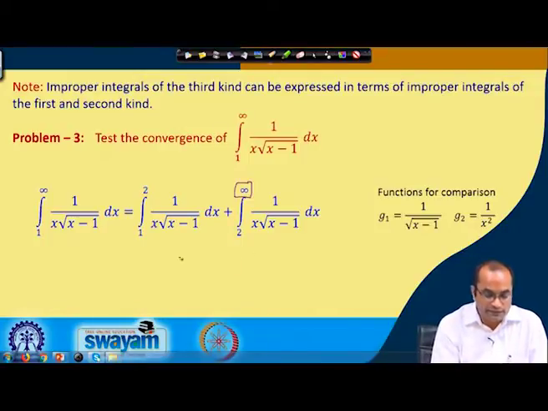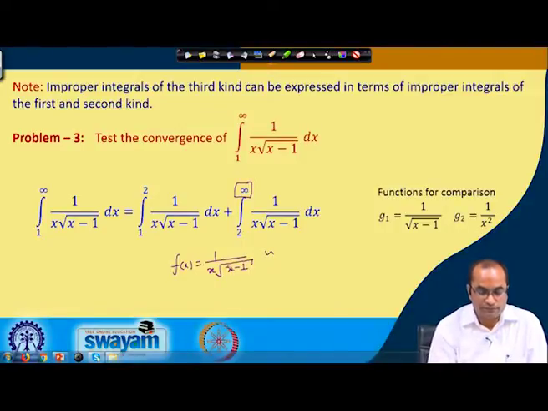If we take this f(x), which is 1 over x square root x minus 1, let us see how it behaves as x approaches infinity. First I will rewrite it as 1 over x square, and here I will take 1 over 1 minus 1 over x.